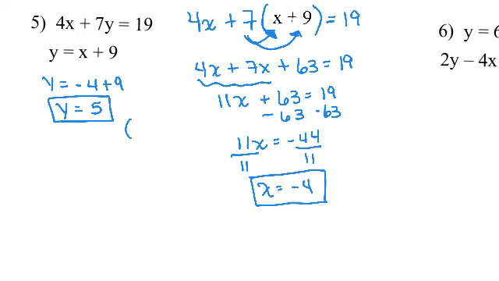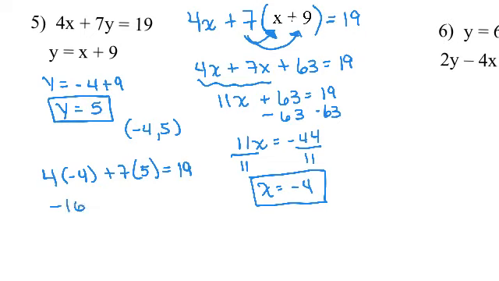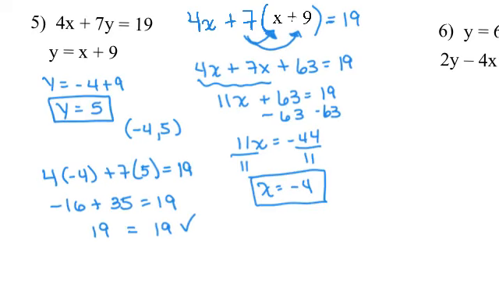And then step 6 is to check your work. Rewrite the equation using the values that you found. And if it's correct, your work will check out. 4 times negative 4 is negative 16, plus 7 times 5 is 35, equals 19. This becomes 19 equals 19, and that is correct.